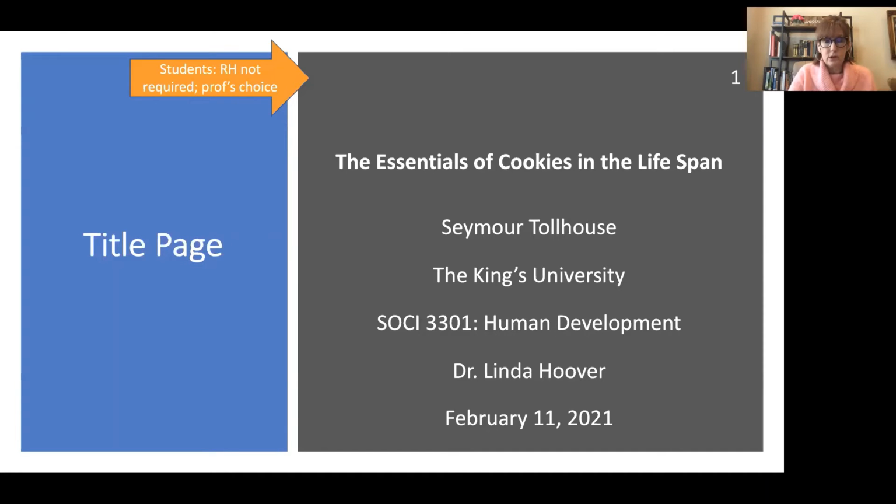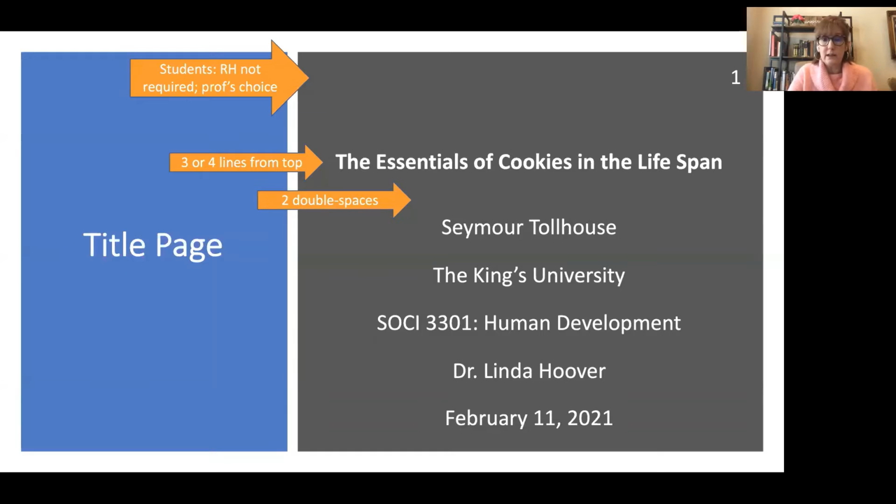So the next thing is that the title of the paper, which we're talking about today, the essentials of cookies in the lifespan, is 3 to 4 lines from the top. So you'll just space down 3 to 4 lines from the top and put your title, which is in boldface font.